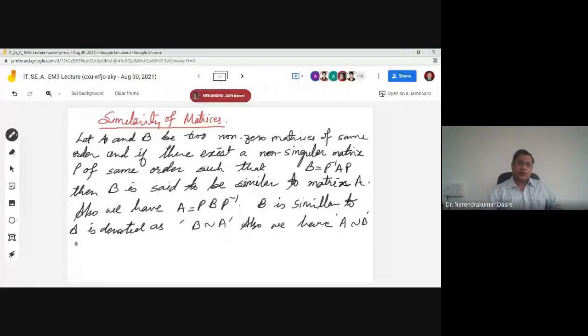Now, if the matrix is similar to a diagonal matrix, we have another concept called diagonalizable matrix.